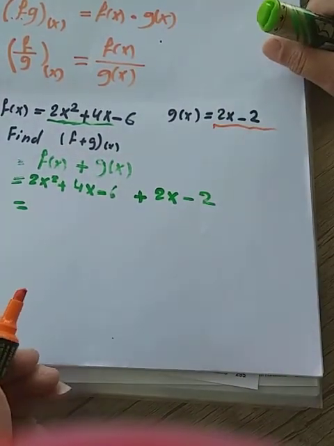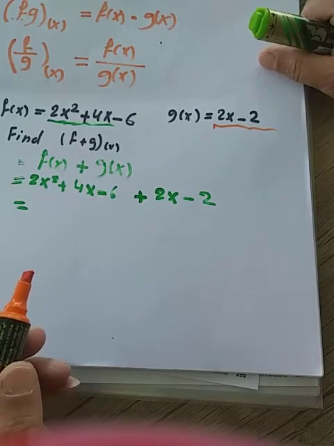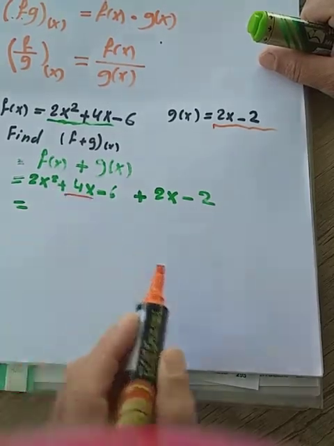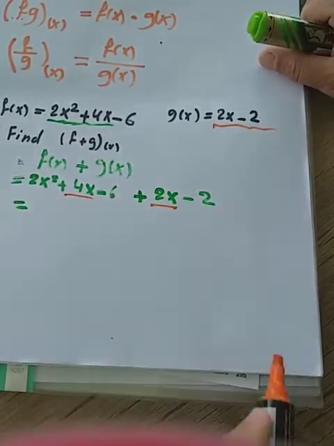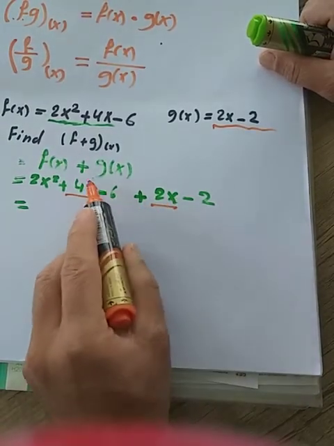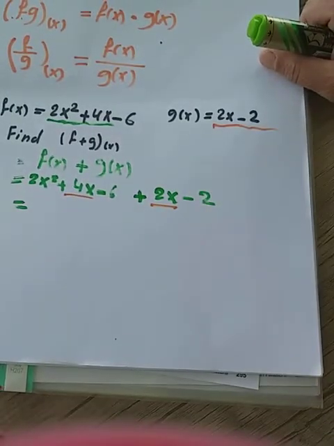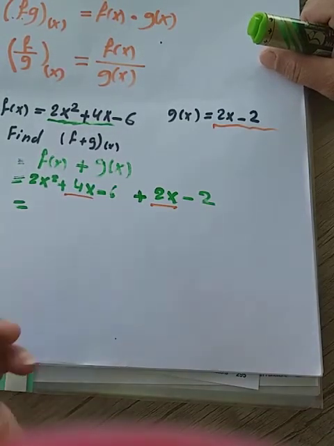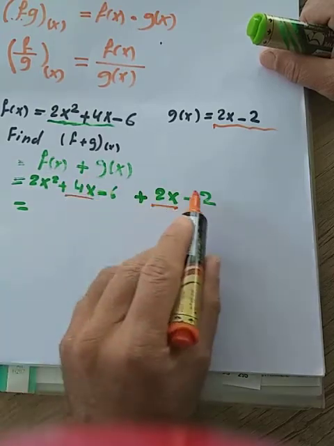Look for like terms. Do you have like terms? x, x. What do like terms mean? To remember, like terms have the same variable and the same power. Then we can add. Do you have another x squared?